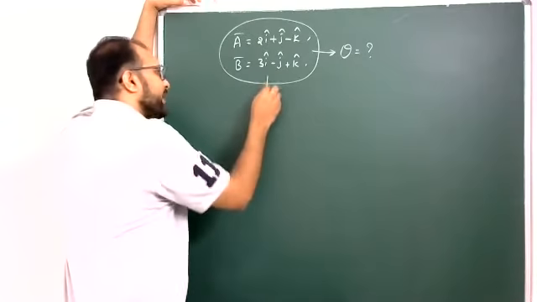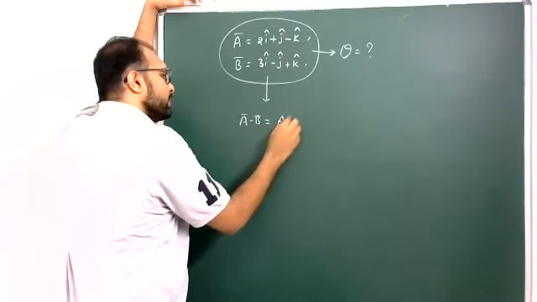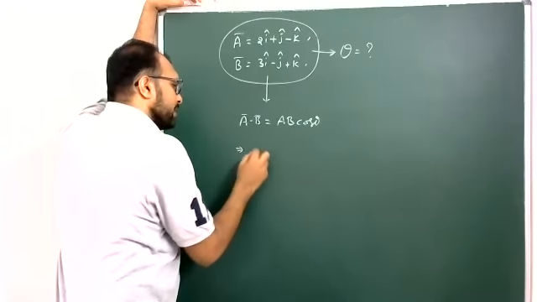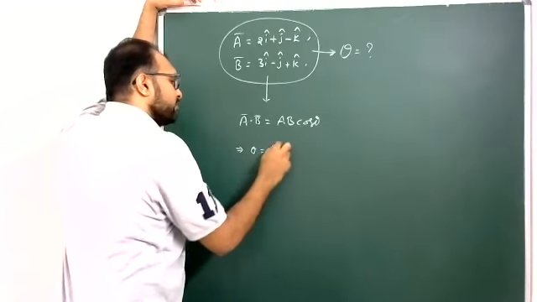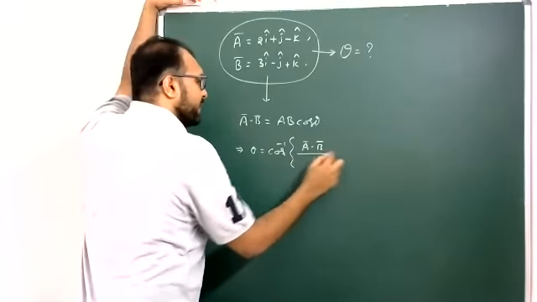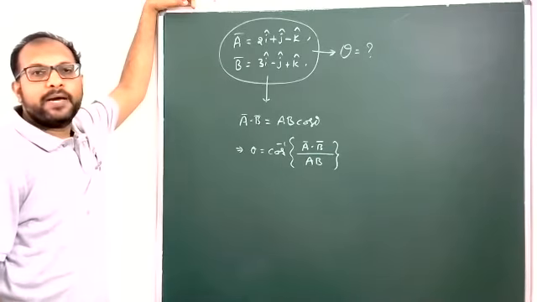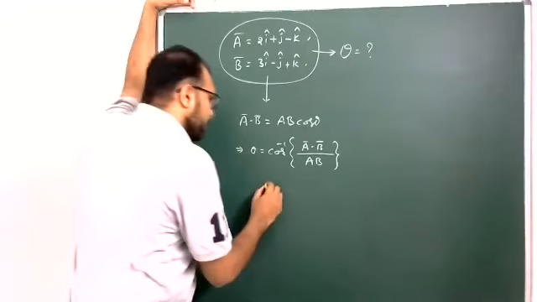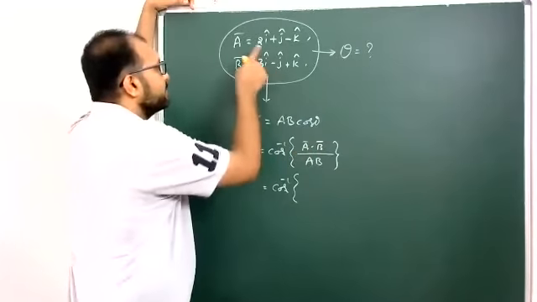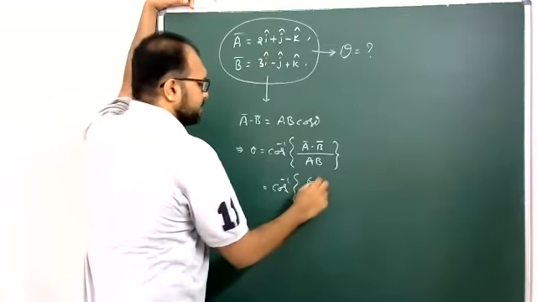So that's why here A bar dot B bar equal to AB cos theta. Then from that, theta equal to cos inverse of A bar dot B bar divided by AB. Now A bar dot B bar: 2 into 3, that is 6, plus minus 1, minus 1.